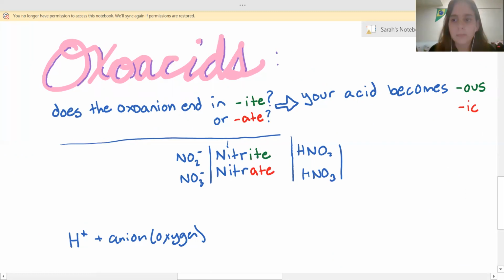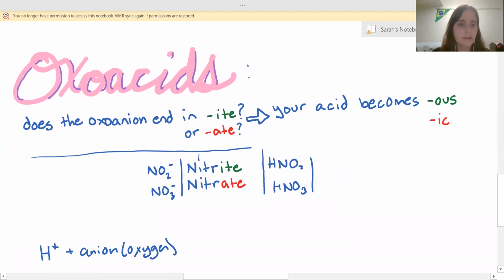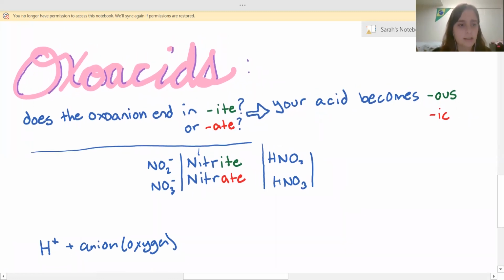And what makes an oxoacid is that you combine a hydrogen or hydrogens with some oxoanion, which means your anion, which is usually polyatomic, has oxygen inside of it somewhere.